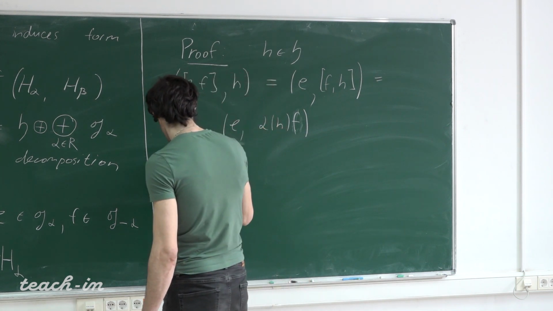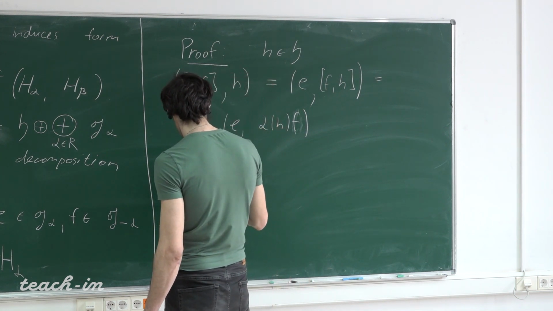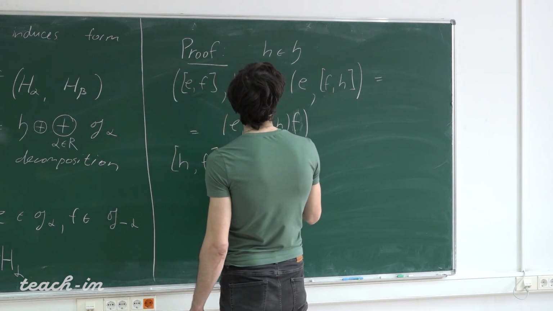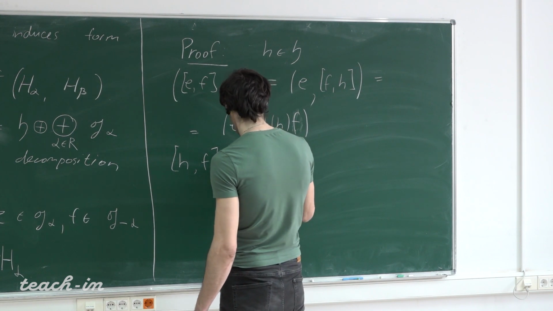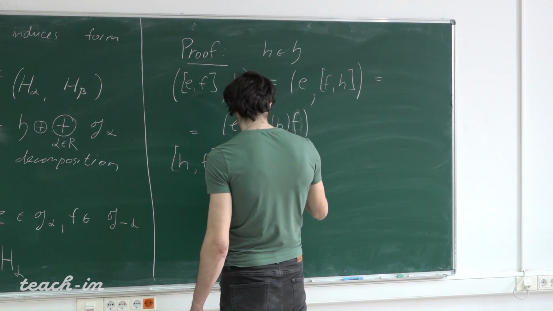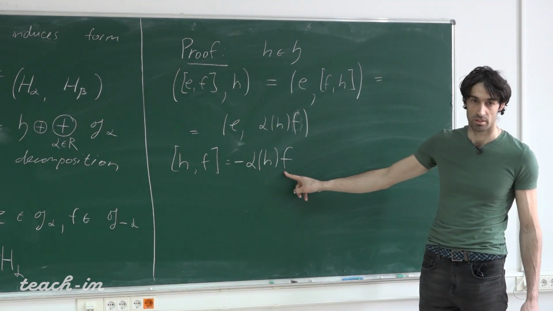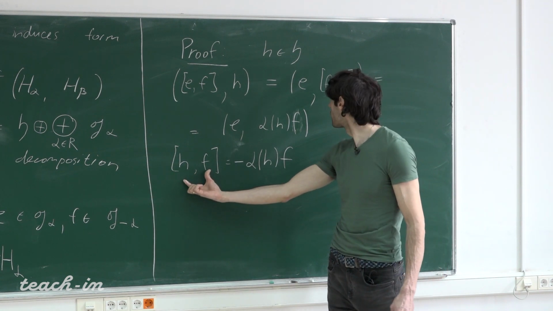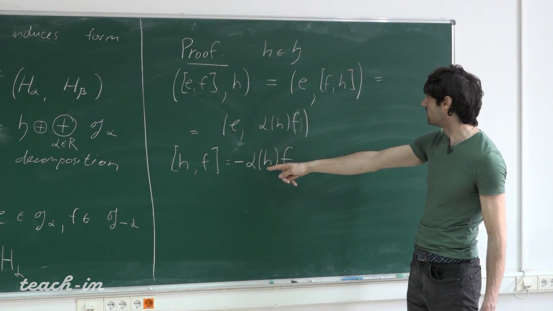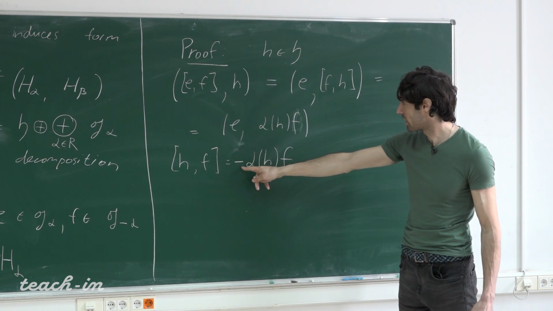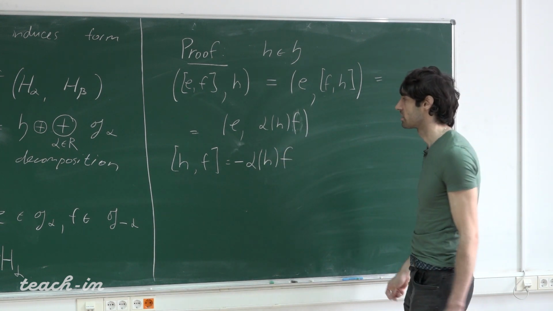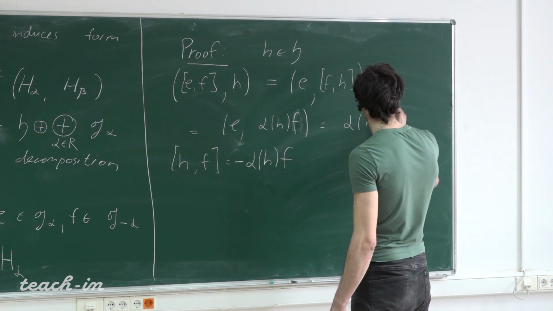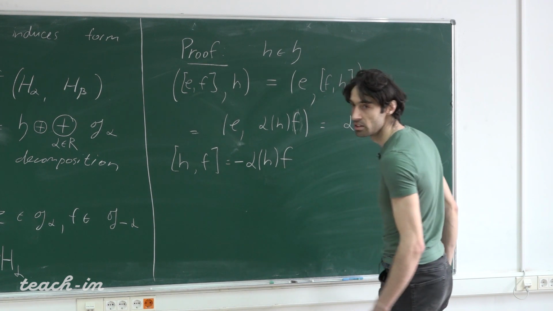It means that if I take the adjoint action of H on F, it will be negative alpha of H times F, right? So hence, I have a commutator here in the wrong order, so I have two minuses, and so no minuses as the result. Right, so this is alpha of H.